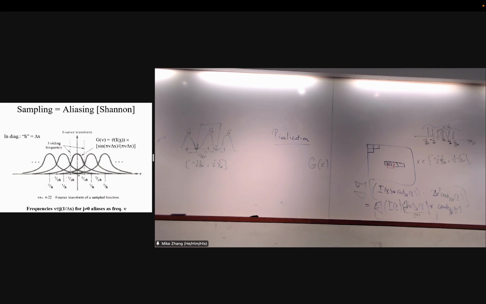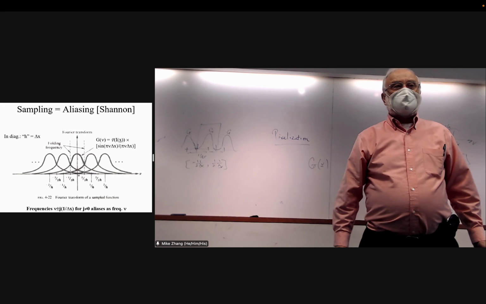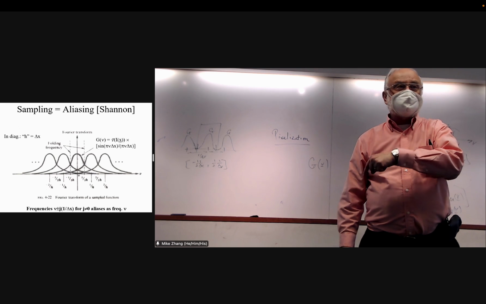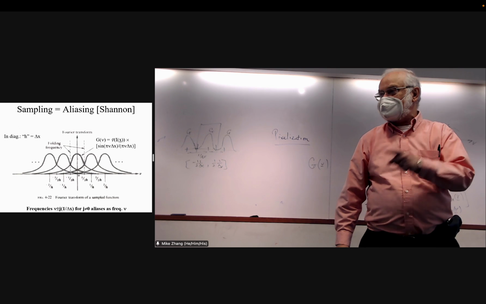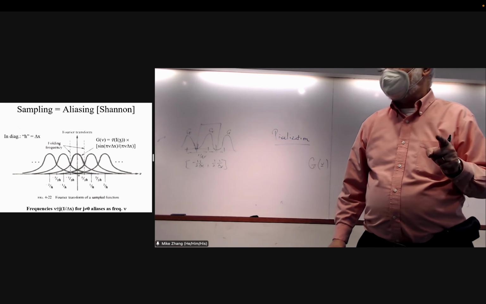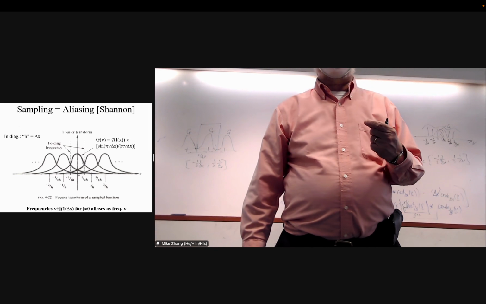The reason that this is happening is because the contributions of this G that are outside this minus a half to plus a half times 1 over delta x, ones that are outside this interval, when they're sampled, act as if they're inside. They have the very same sample values. We say there's an aliasing. Something with high frequency is aliased as if it were low frequency once you do the sampling.